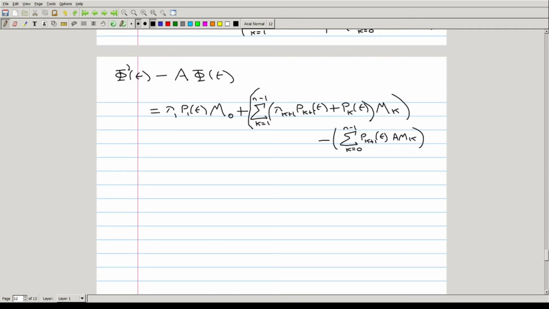So let's go through and see how we can simplify this sum right here, this term right here. And it turns out that it is a very, very nice simplification that we can do. So I'm going to do a little aside here. Recall that matrix multiplication in general is non-commutative.